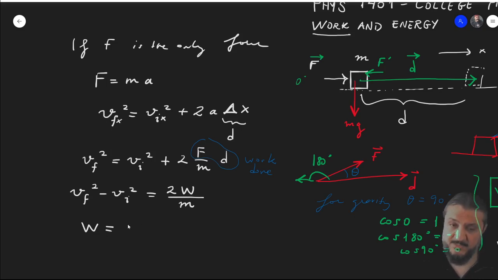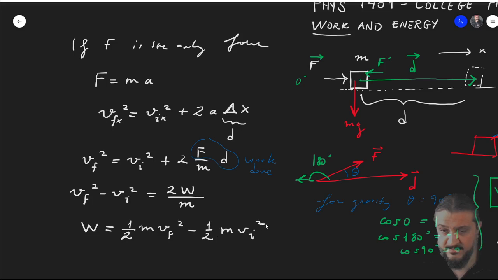Divide by 2 means 1/2. So 1/2 multiplied by M, Vf squared. Do the same thing for the second term, minus 1/2 m Vi squared. Okay, so we solved for work.